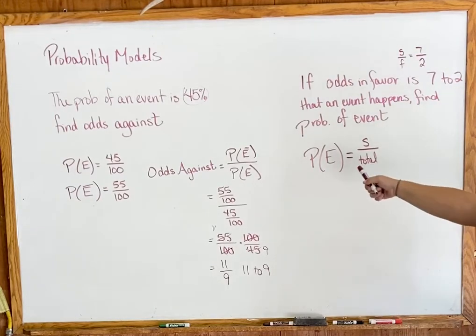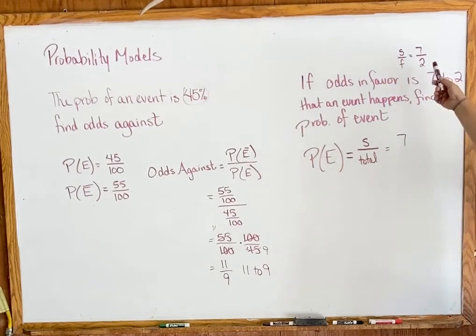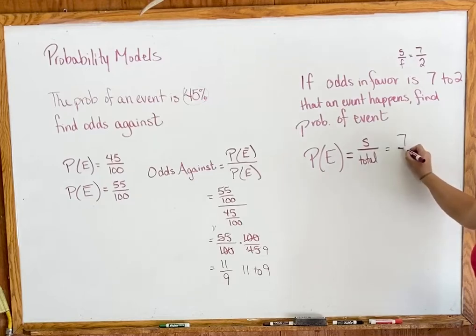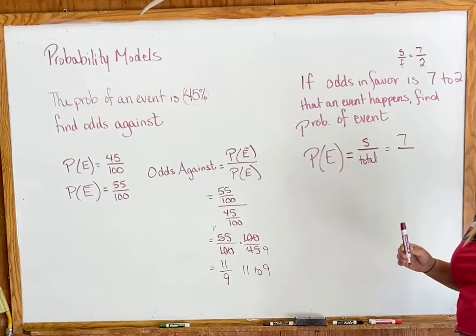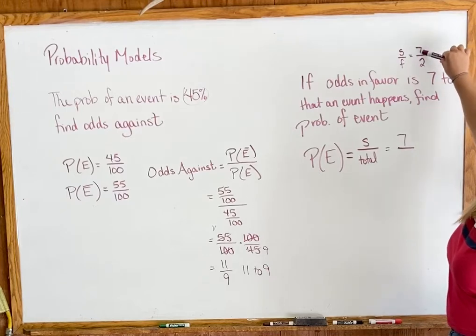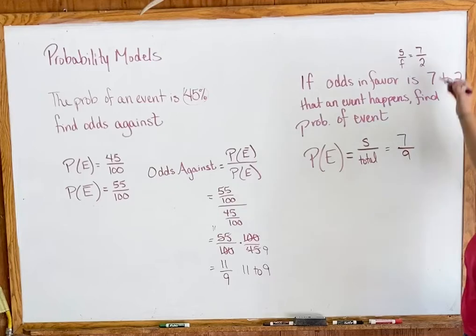So what we need to do is start plugging in pieces that we have. We know the success is 7 from what was given above, but we need to find out the total. Success and failure together should make up the total, so if we add those two together, we get 9, and that is going to be our total.